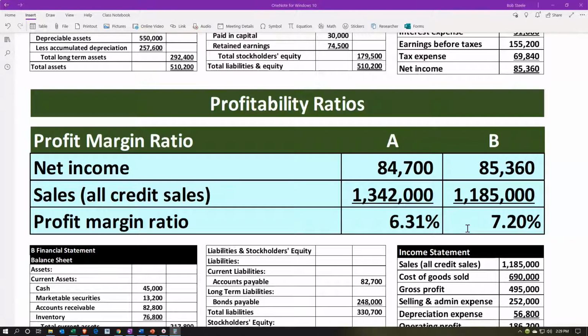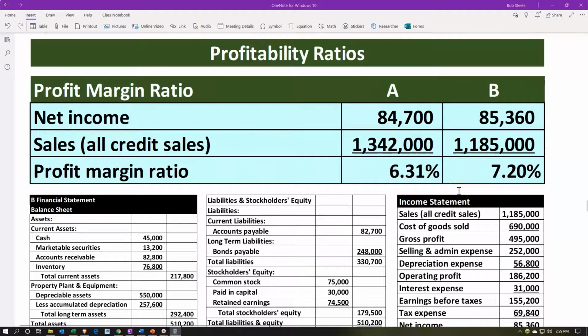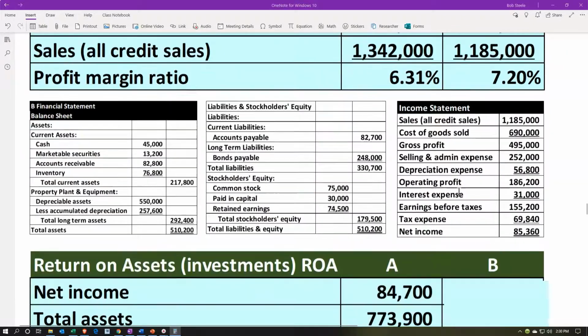So that means that B would be better here. We would like to have a higher profit margin if we can, but there's always going to be some trade-off typically between the profit margin and the sales volume, the amount of units that we're basically going to be selling. But in general, B would look better here between the 2.